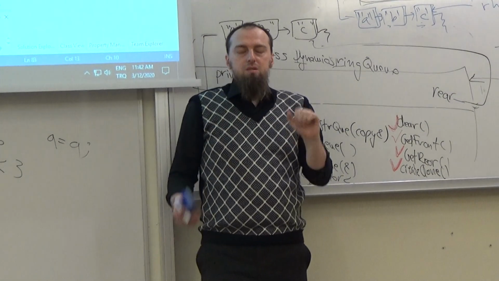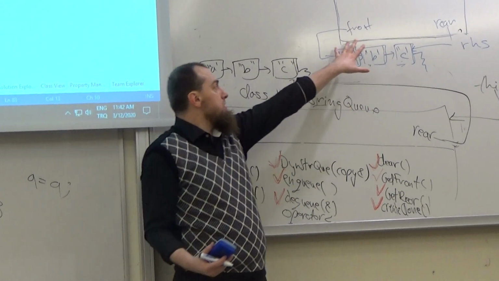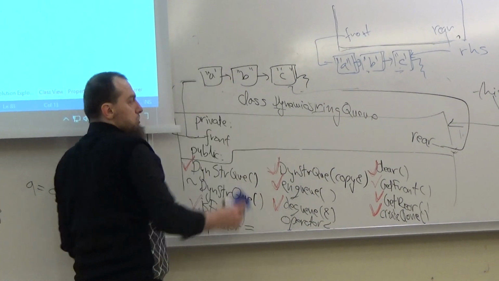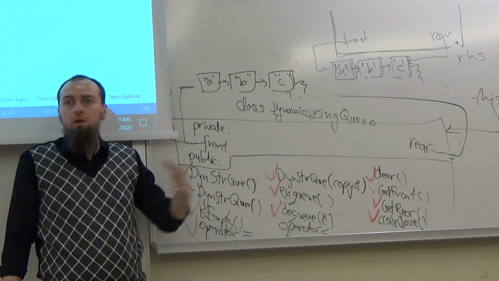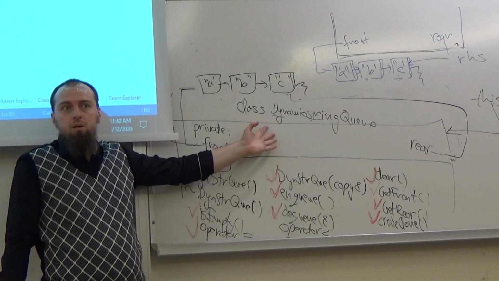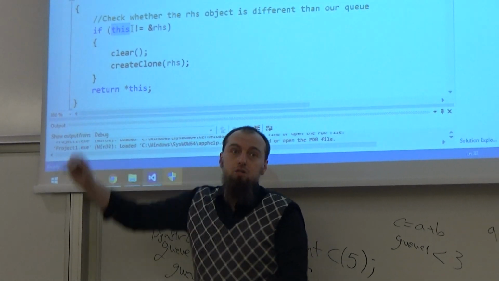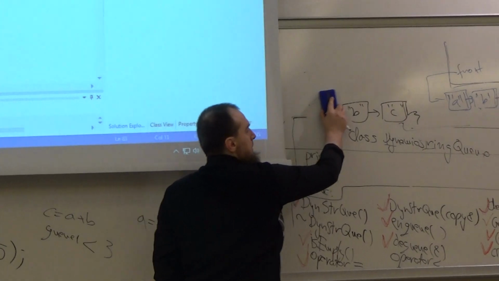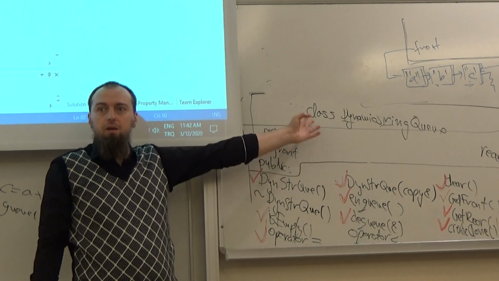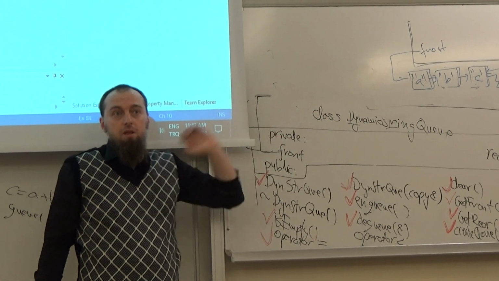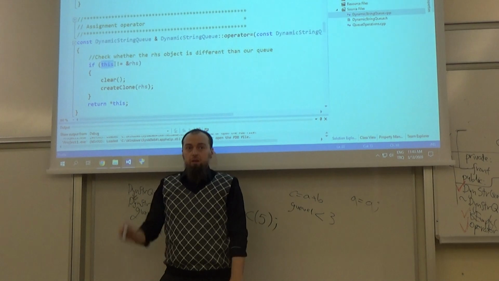However, if I say I am equal to myself, then I don't have this copy. And what should be the value in the end? What do you think? If I say this one is equal to myself, it should remain the same, right? But you see here that I'm calling the clear function. So if I clear it, and if I try to make a clone of myself, can I return the values there? No. That's why I'm using this part over here, the if clause.